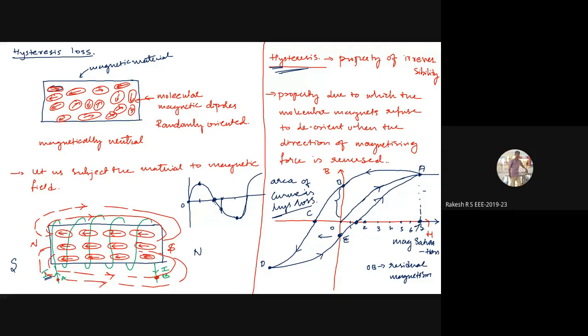Yes, sir. So every time I cannot find hysteresis loss by drawing this loop and taking the area. So there is an empirical formula for the hysteresis loss. Okay. So hysteresis loss, WH, is given by a formula which is some beta, which is the material constant, Bm raised to 1.6, F into V watts. So beta is the material constant.